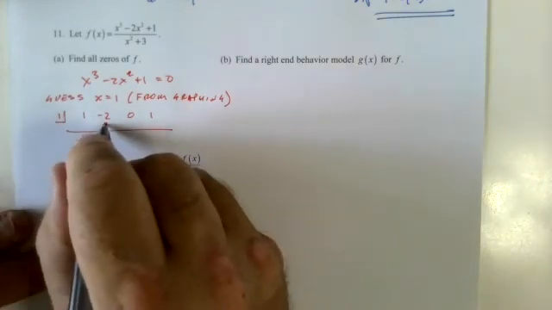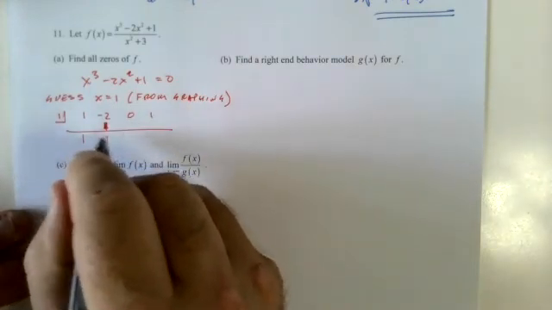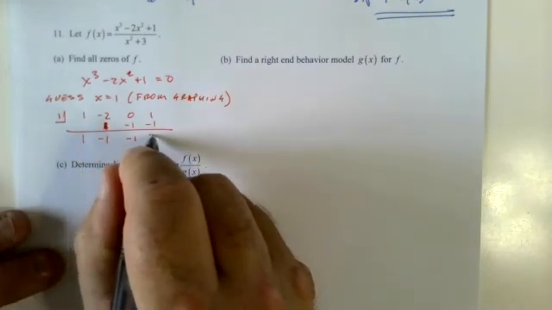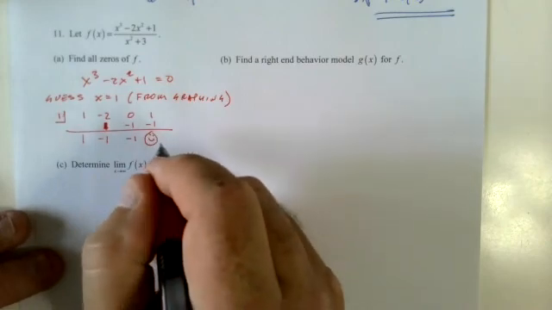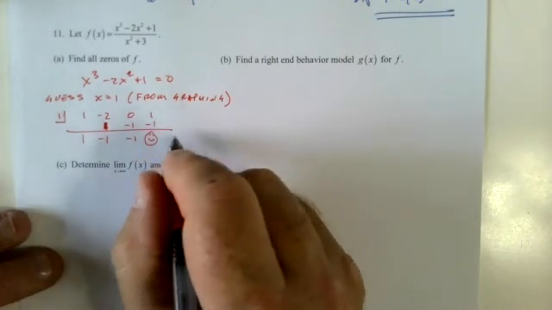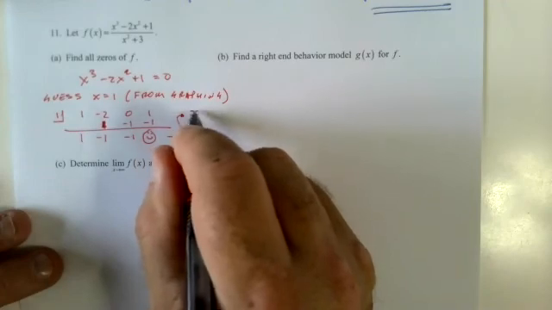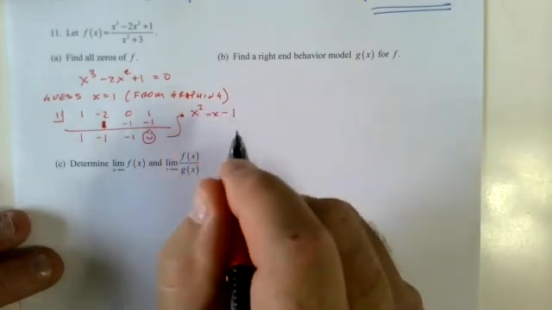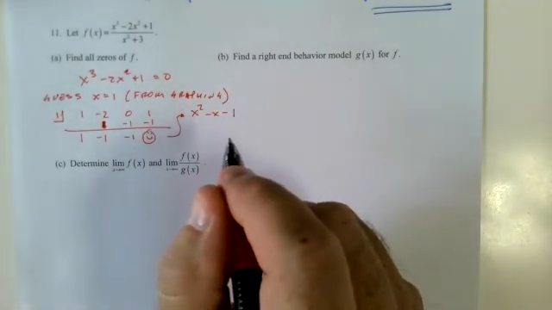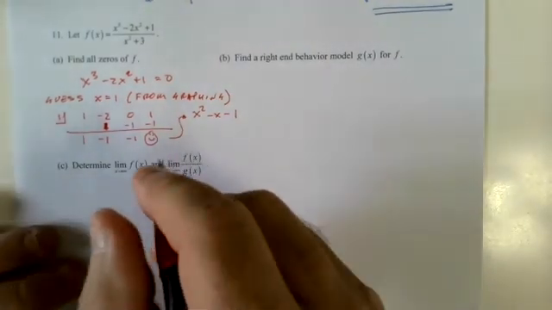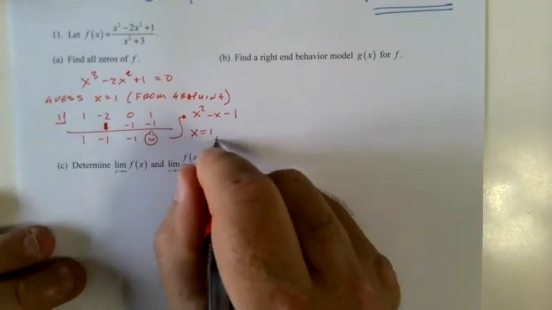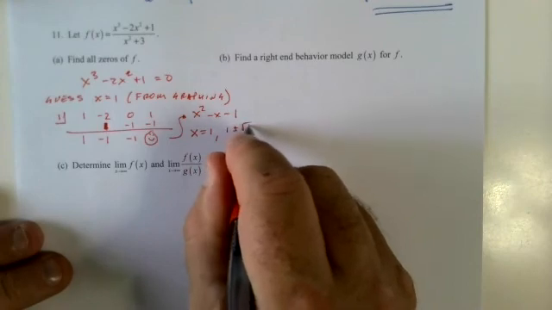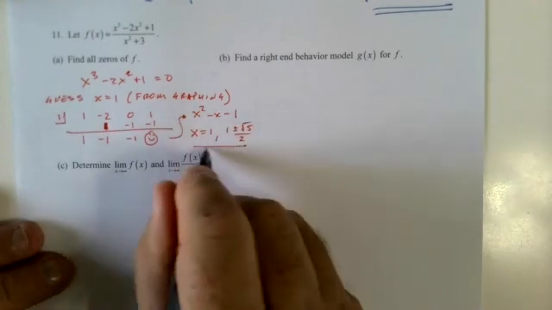Oops, 1. So I get x squared minus x minus 1. To find all zeros, we would get x equals 1, and then using Mr. Quadratic, I'd get 1 plus or minus square root of 5 over 2.